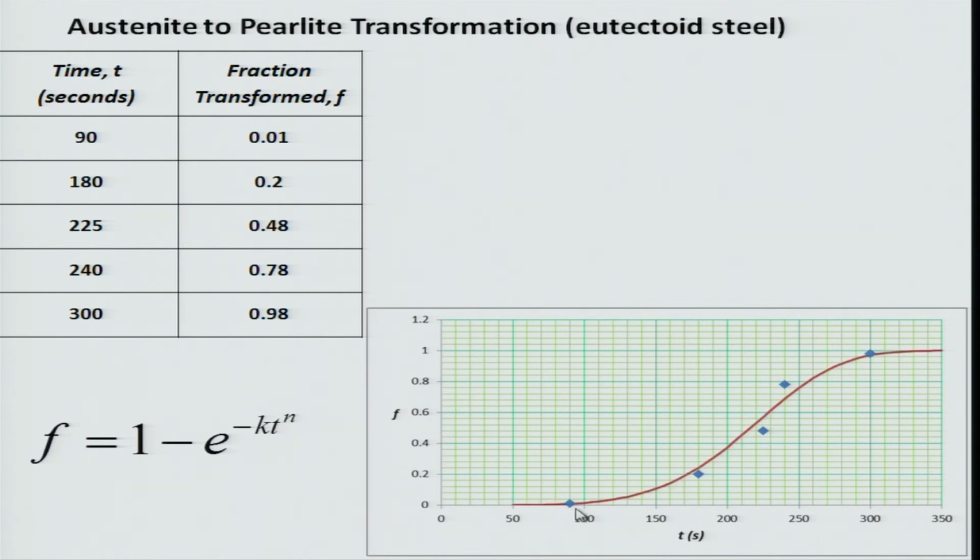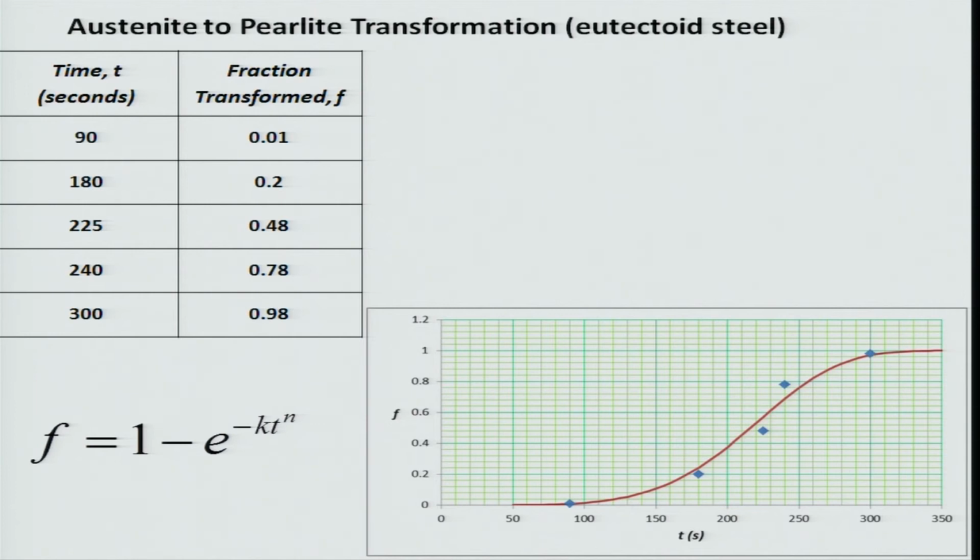So, this is what I am after: once I find n and k, I can plot a continuous graph through these points, and I can predict what would be the amount transformed at different times for the given temperature.